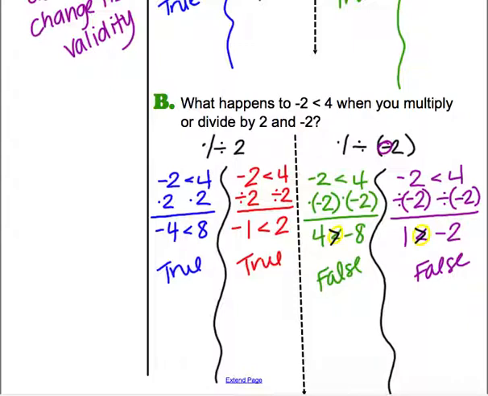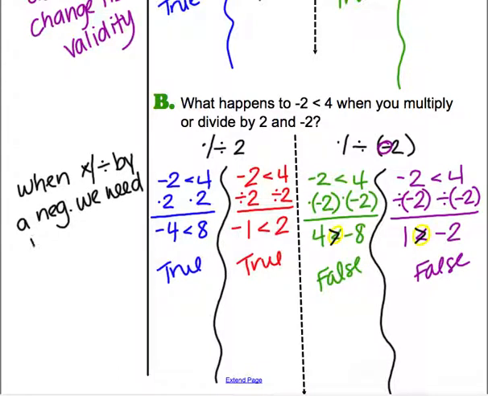So we can safely say that when multiplying or dividing by a negative, we need to flip the inequality symbol or inequality sign. And this is very important: it's only when multiplying or dividing, and only when you're multiplying or dividing by a negative, as you will see when we get into the next piece.